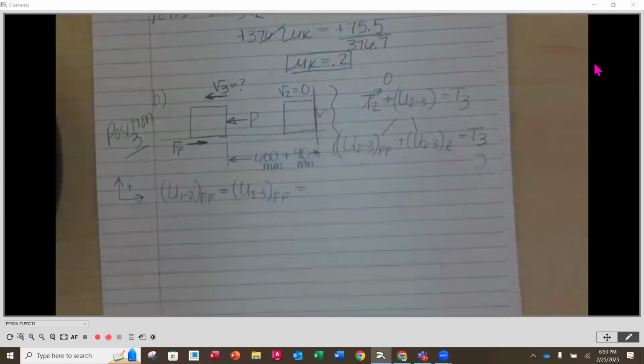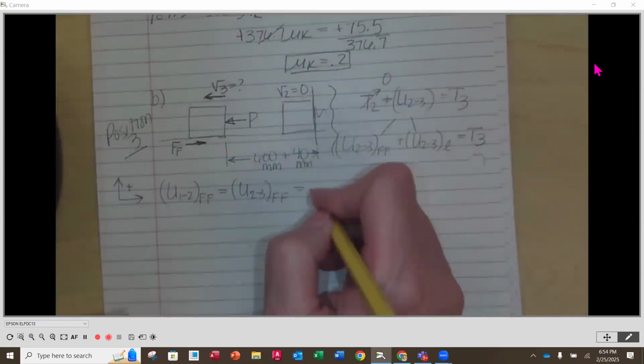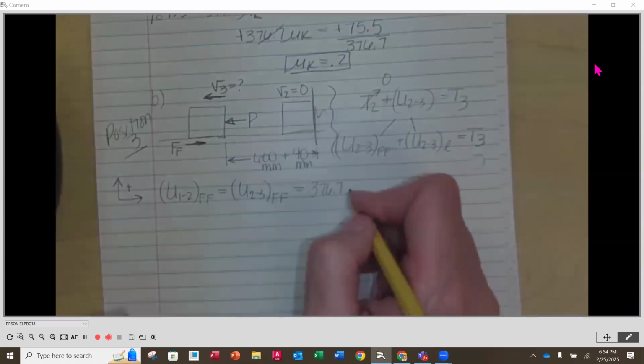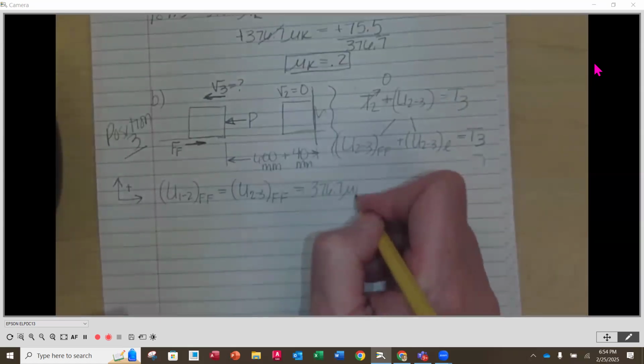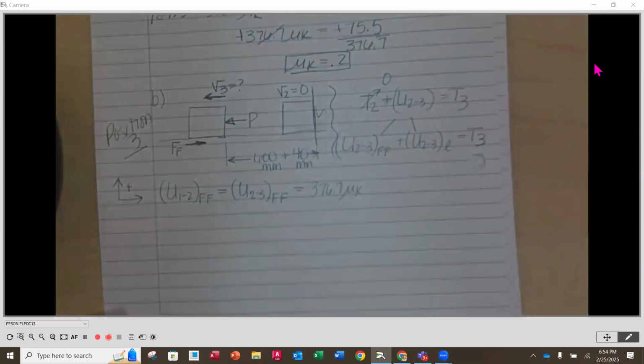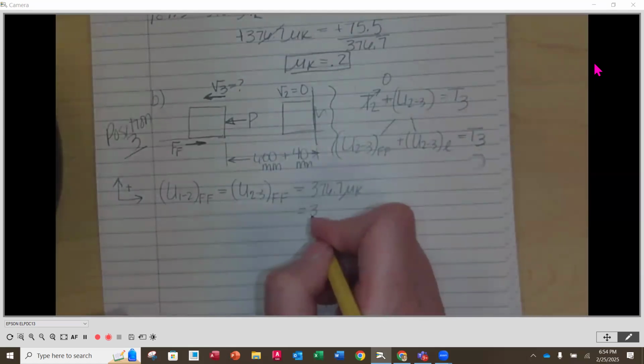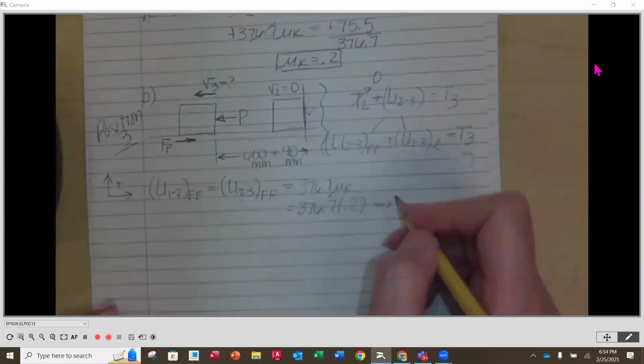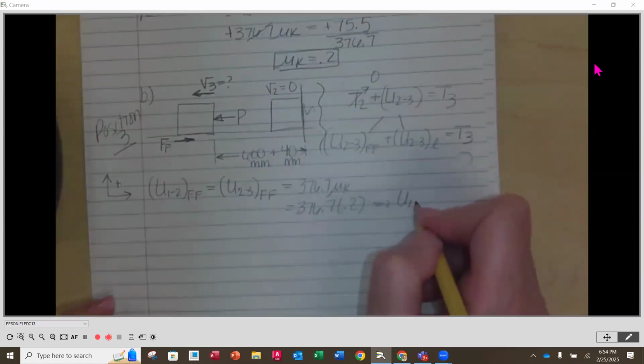We'll give the sign a little bit later. That's going to be equal to 376.7 times the coefficient of kinetic friction, which we know to be 0.2.